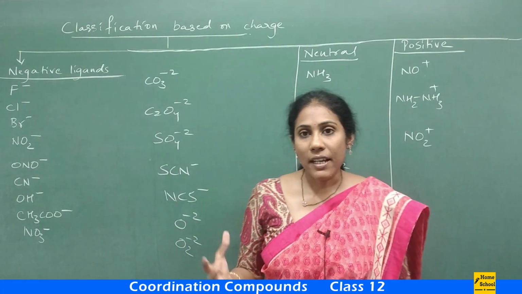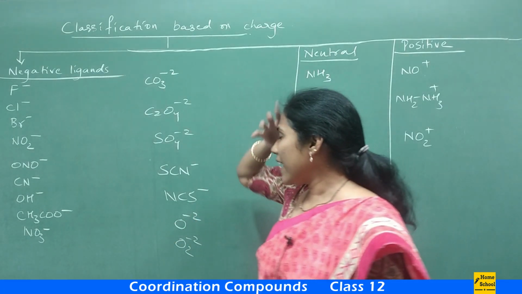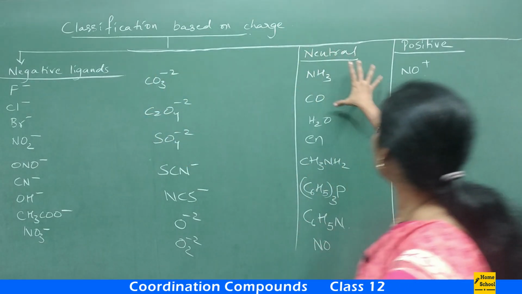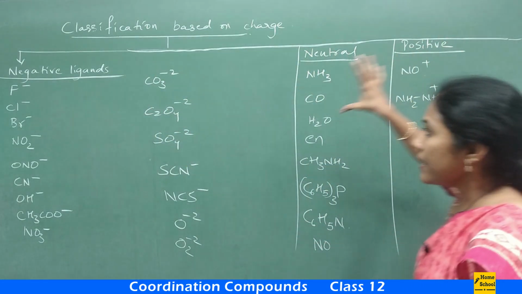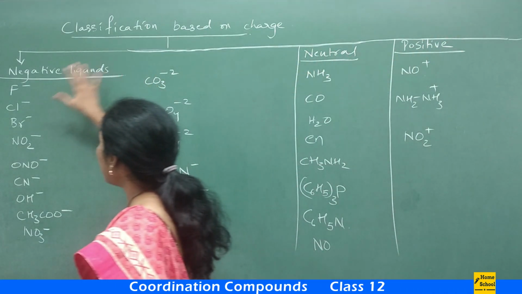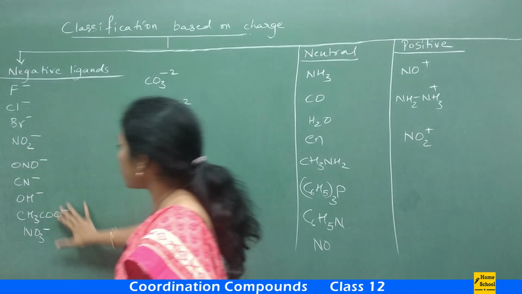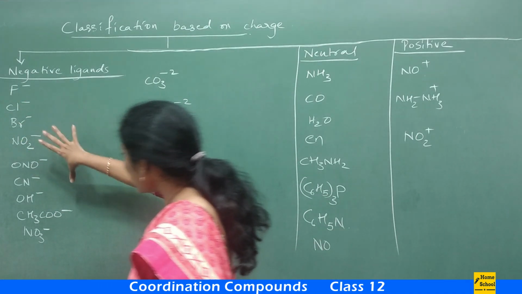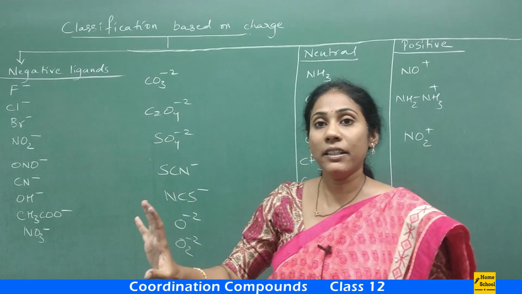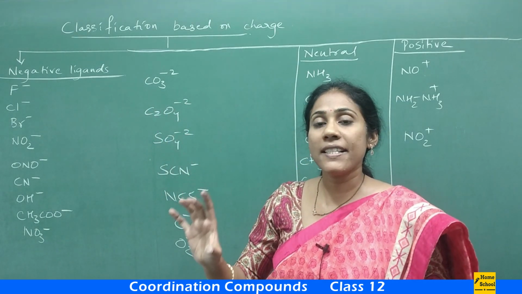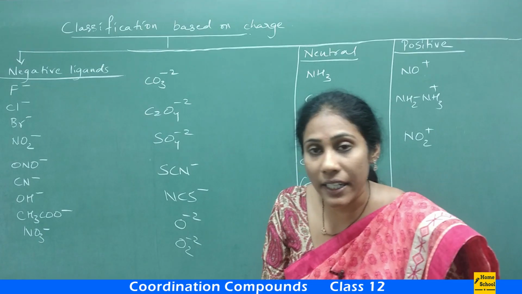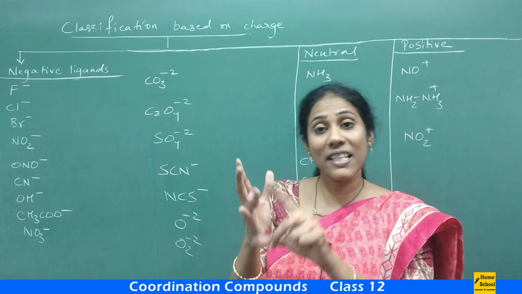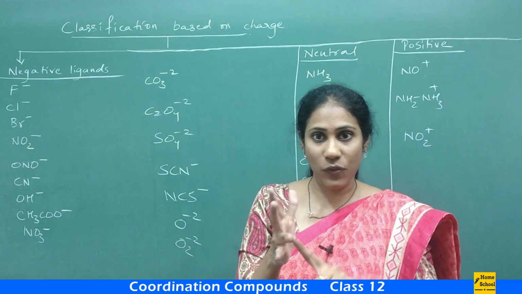Okay. Guys, I gave you a list of ligands under negative, neutral and positive. Like I said, negative ligands are the ligands which carry negative charge. Here, which ligand carries how much charge is important. The charge of a ligand is important to calculate the oxidation state of the central atom, which we will discuss in the next video.